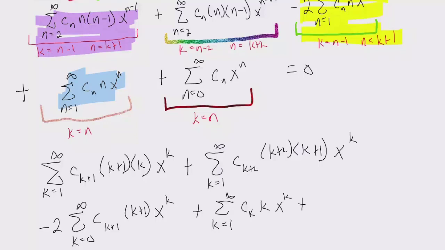And then the very last one, I'm doing this term right here, summation. I'm sure that symbol's much better than the first one I wrote. So that's k equals 0 to infinity, c sub k, x to the k.